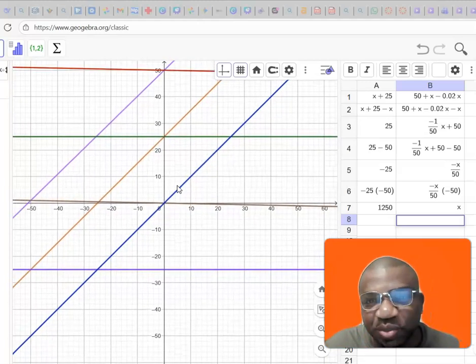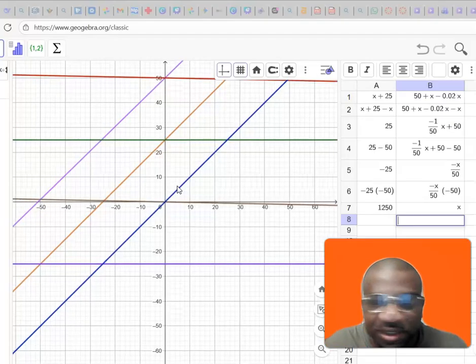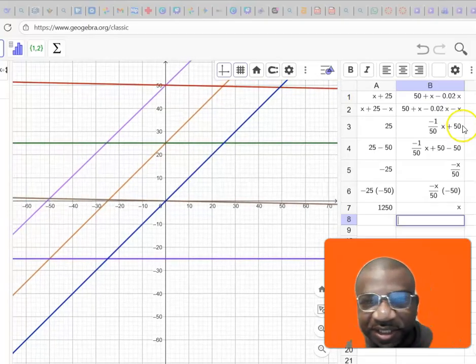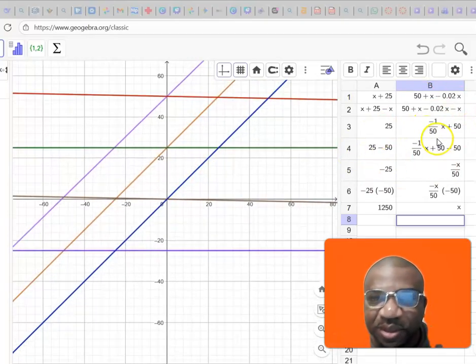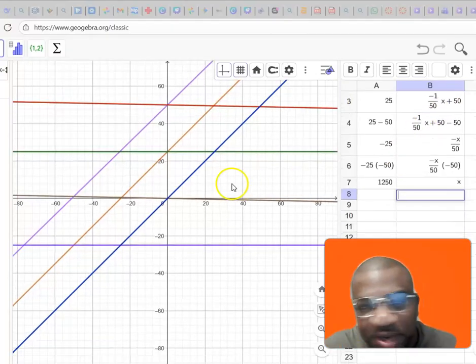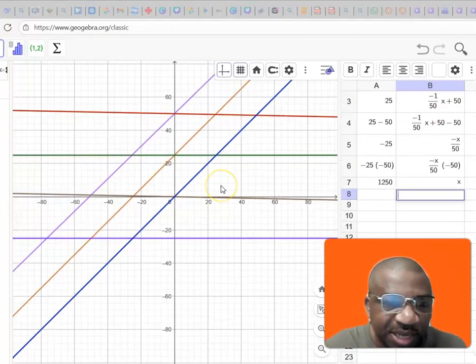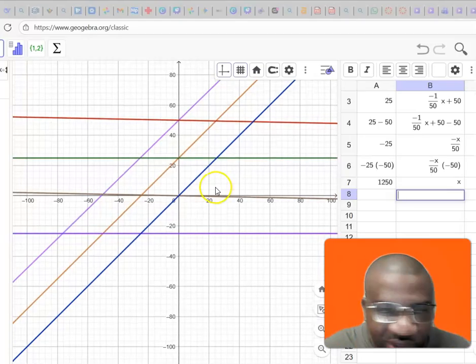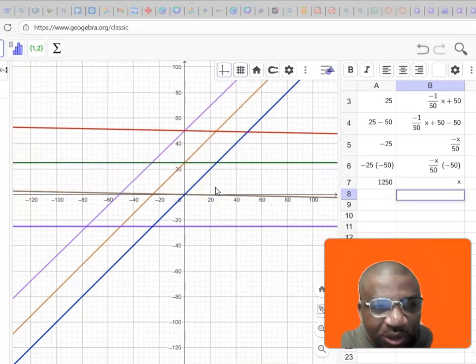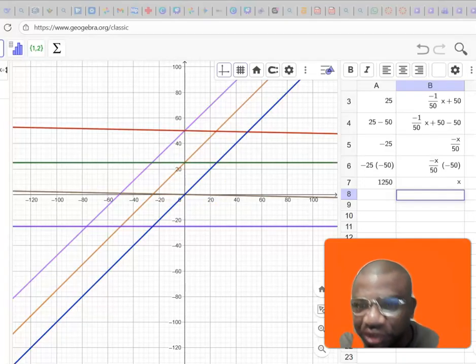This is a graphical representation of what we have done here, solving this problem using a spreadsheet to solve an algebra, and you see it appear on this graph here, showing you the whole intersection. That's the relationship, how the lines intersect each other. So it's very important.